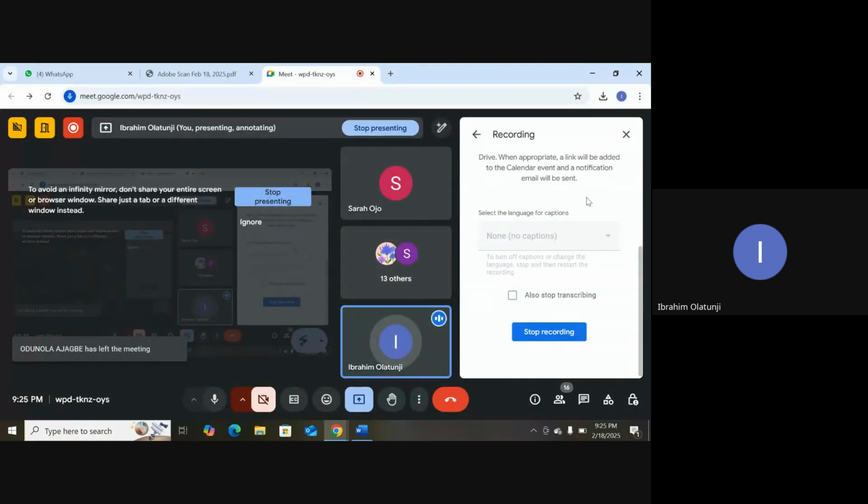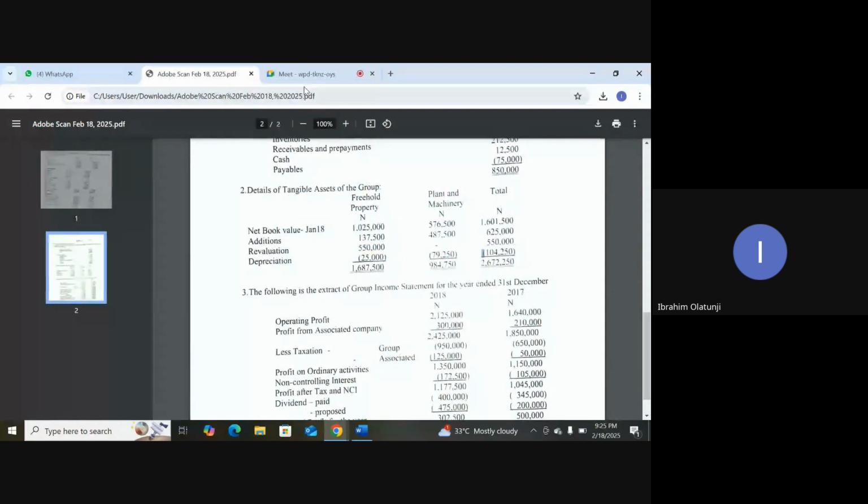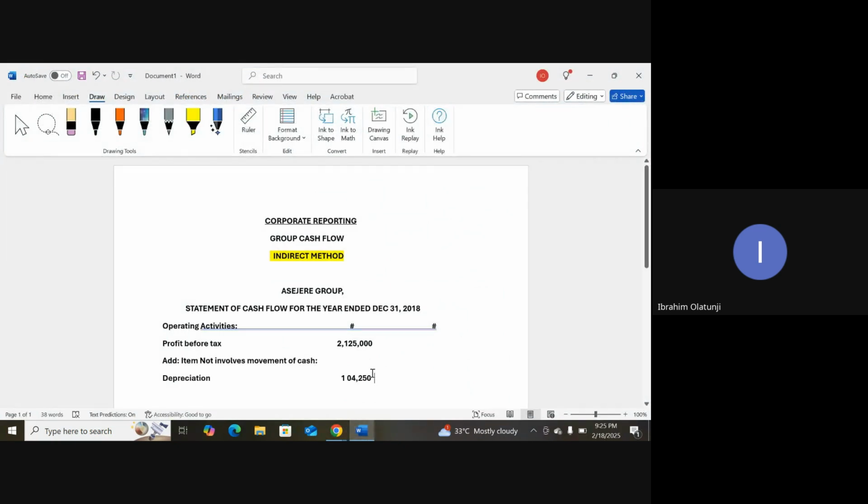We have to expense that loss in your statement of profit or loss. When I say expense the loss, it means that we are deducting it before we get our profit. When you make a loss, it is an expense. You deduct it. Then if you are doing your cash flow, you have to add it back, because as an expense, you've already deducted it in your statement of P or L.